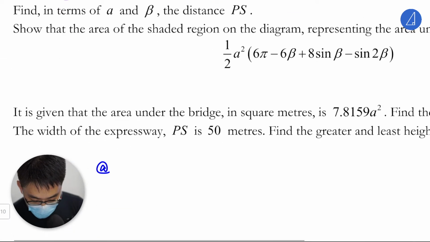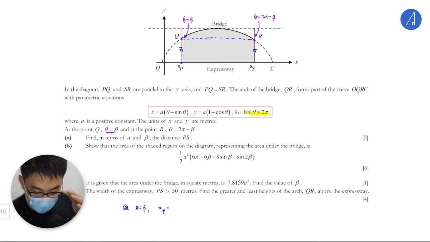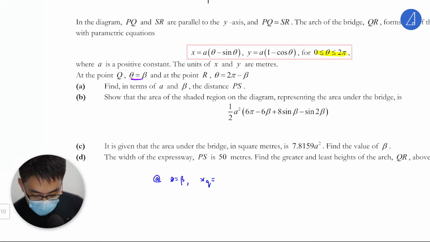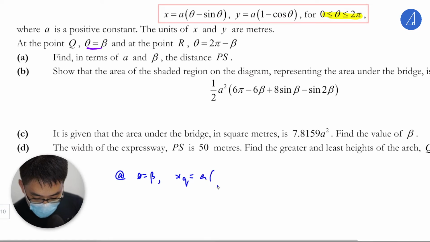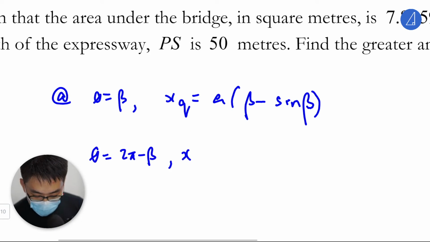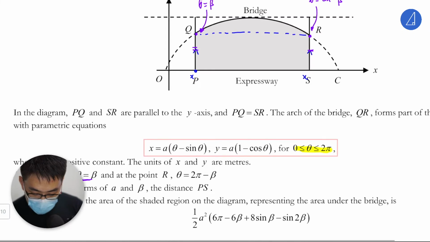When theta goes to beta, XP equals the x coordinate at Q, which is A times beta minus sine beta. And then 2 pi minus beta for XR.